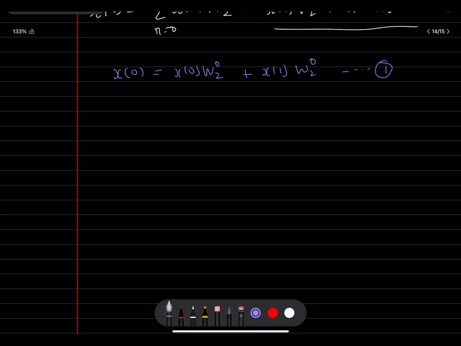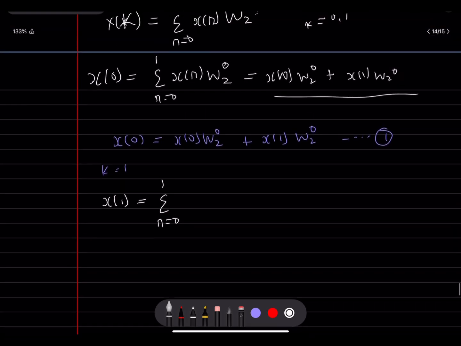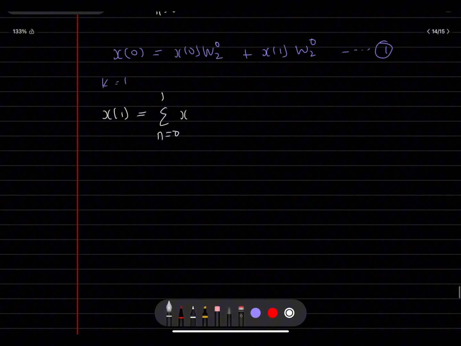So looking at the second element, which is k equal to 1, we are going to get something like X of 1 equal to the summation with n equal to 0 and then 1. But remember that the first element for n is 0, so n multiplied by k is going to give us 0. So we are going to get x of 0 multiplying the Twiddle factor with exponent 0.